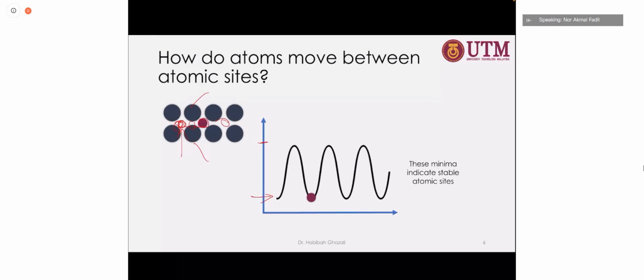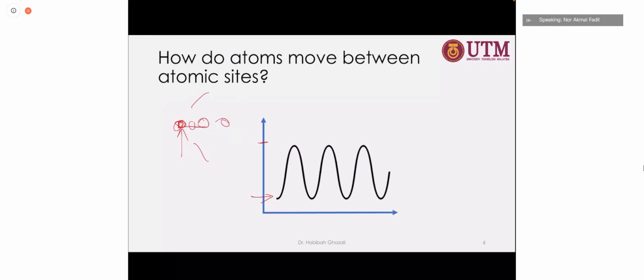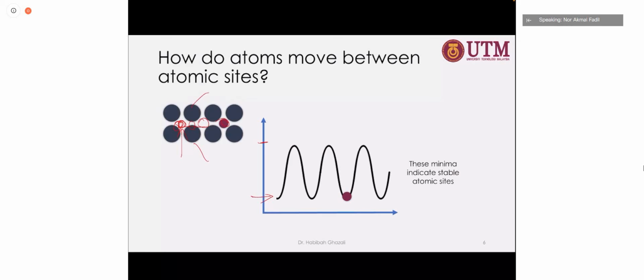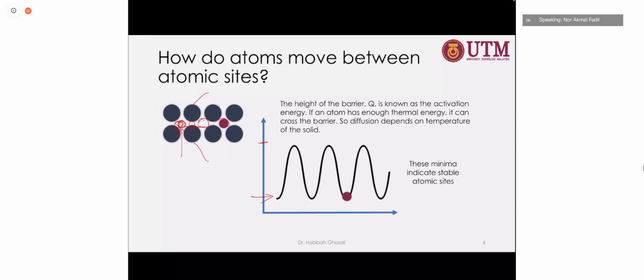This is a stable site because it doesn't need to push any atoms. And so forth, once it receives energy, it will move because it has energy to squeeze the other atoms to allow it to move to another vacancy region. The height of the barrier is known as the activation energy.